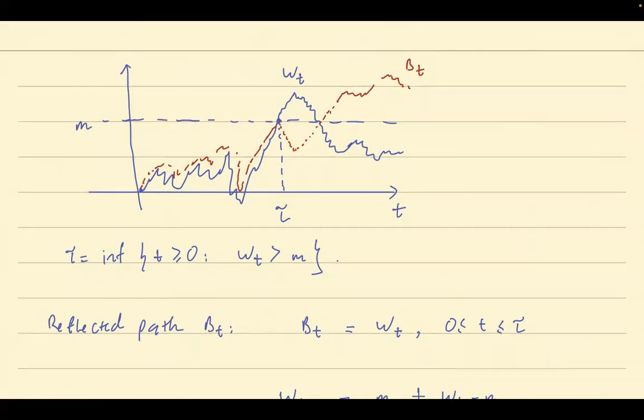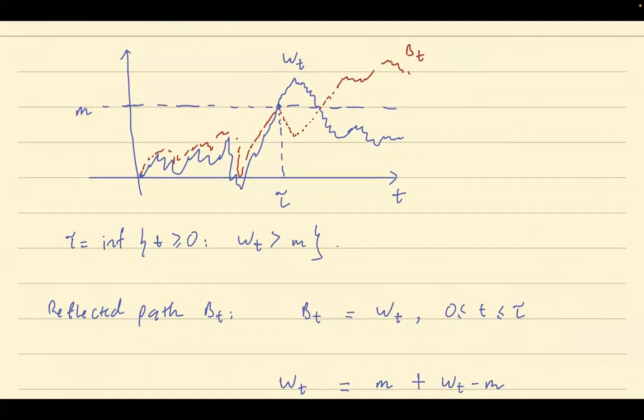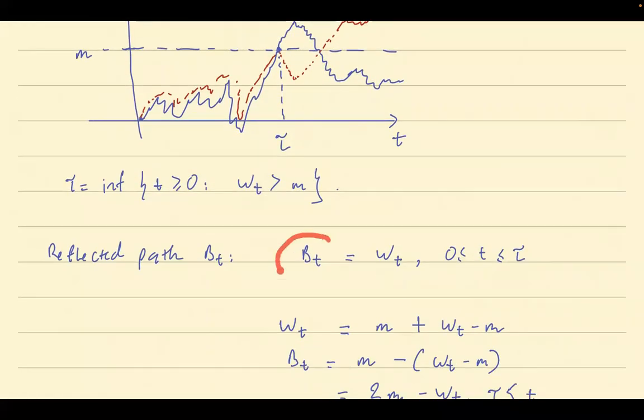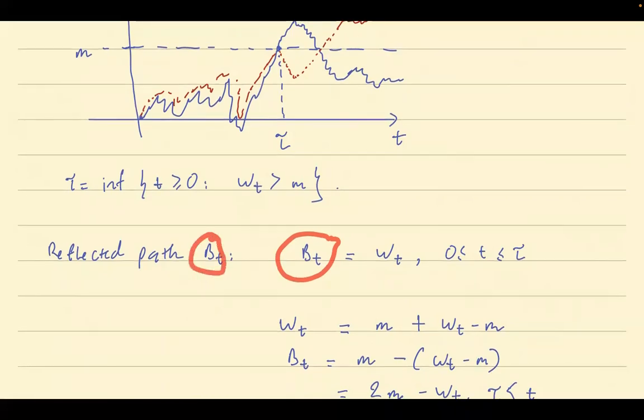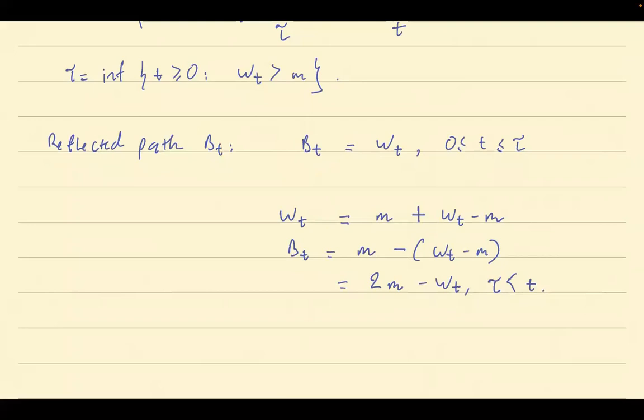The next thing is, what is the nature of this path? What is the nature of BT as a stochastic process? Because it's very well defined. It is certainly a stochastic process, but can we classify it?